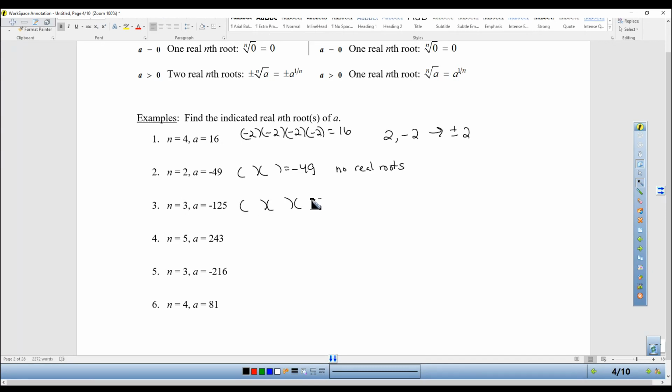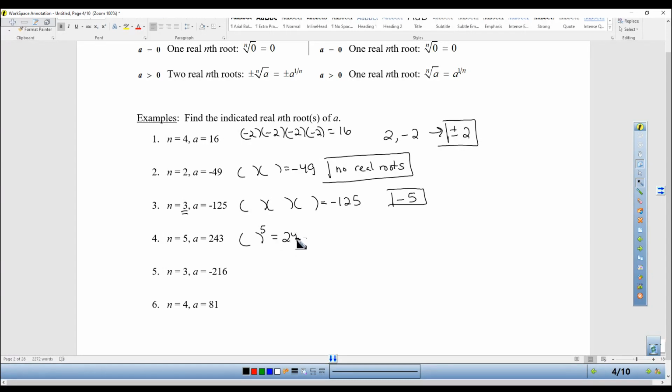This means to have a root means what root could I multiply by itself 3 times to get -125? And the answer is -5. You can see if you can do the last 3 on your own, but of course I will do them for you. So we're looking for something raised to the 5th power instead of multiplying it out 5 times.